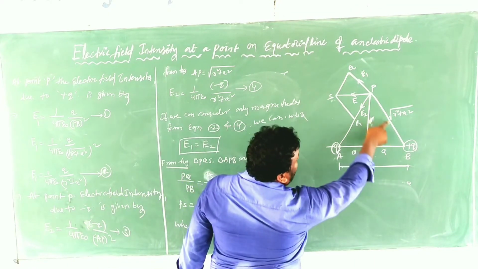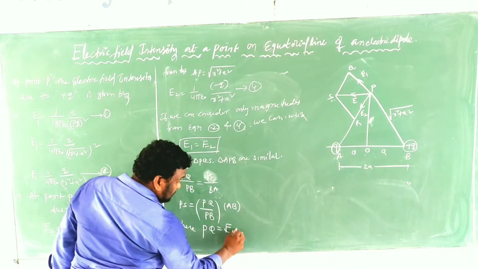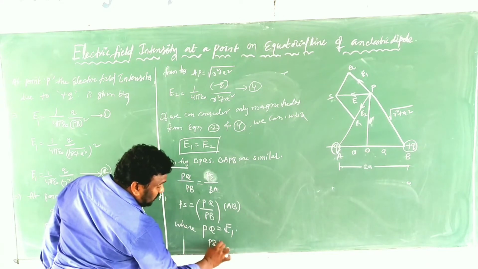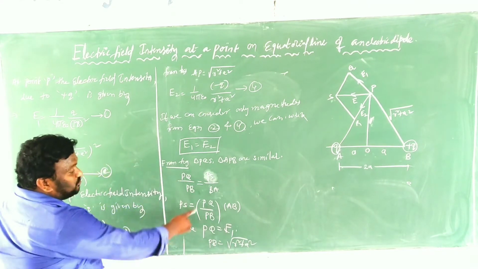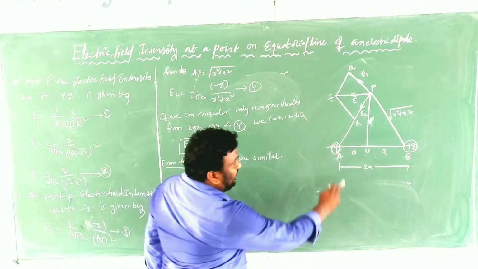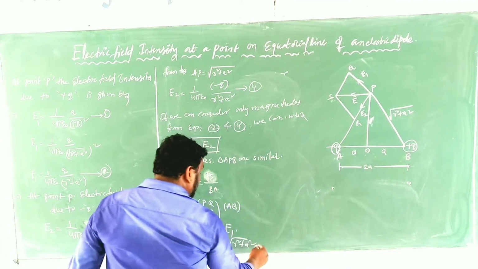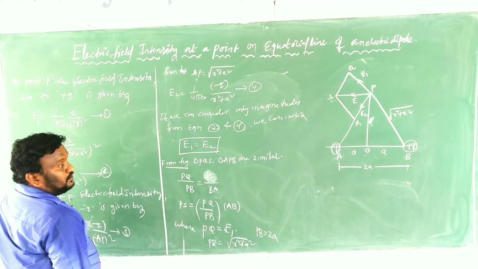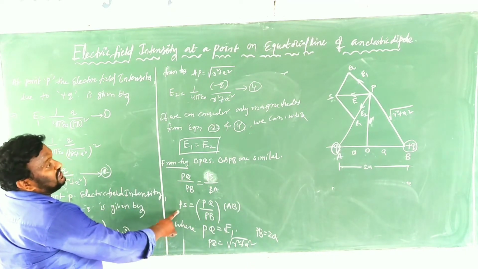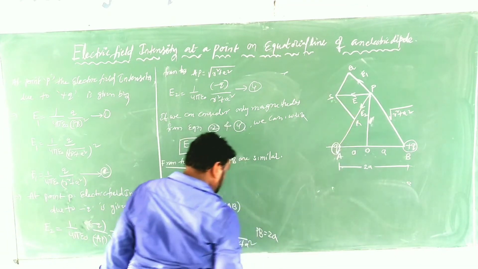PB is equal to under root of R square plus A square. And AB? That is the dipole length, AB is equal to 2A. And PS is equal to E.